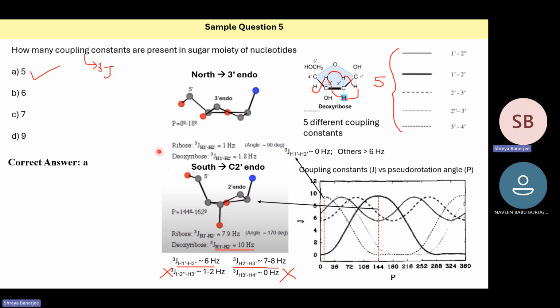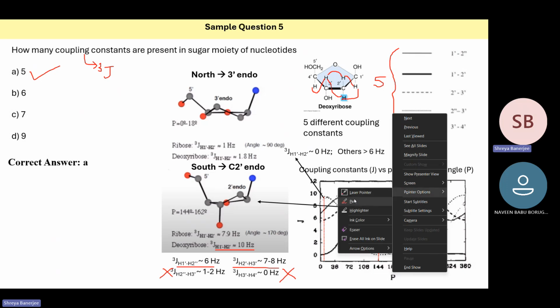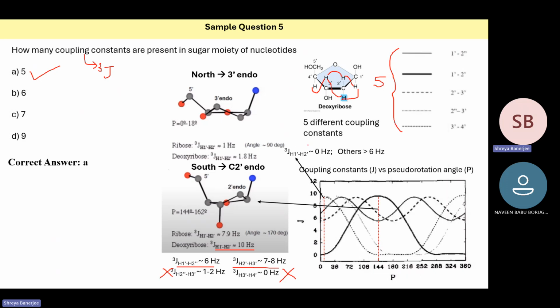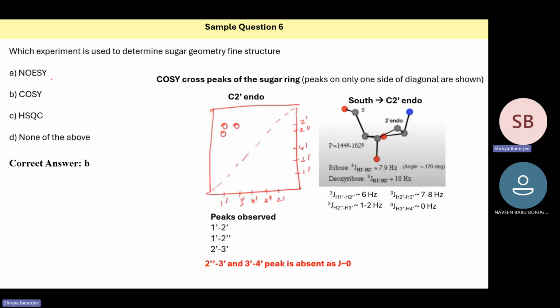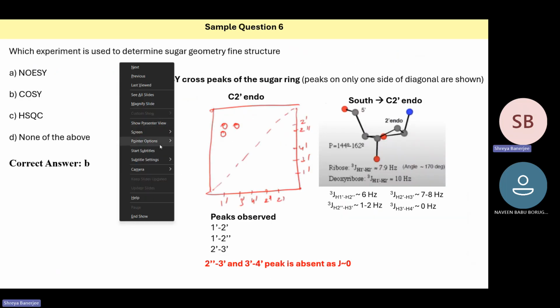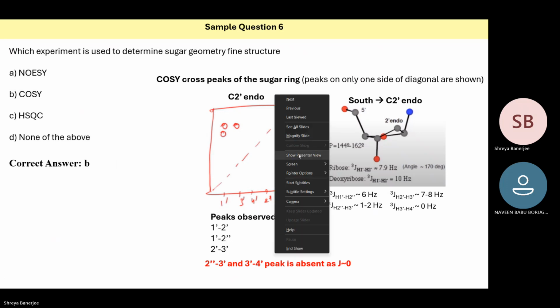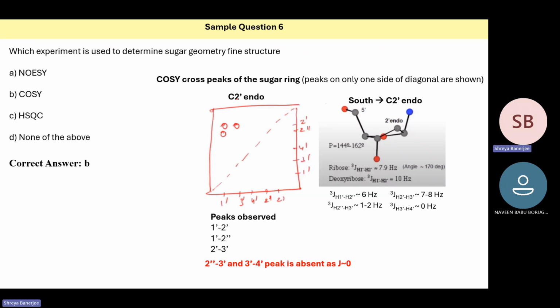Similarly, if the sugar geometry was C3 prime endo, we would have seen, so in C3 prime endo, if you can see, one coupling constant is 0. The other 4 coupling constants are greater than 6 Hertz. So 1 prime, 2 prime, you will not see. So if this was C3 prime endo, then you will not see 1 prime, 2 prime.